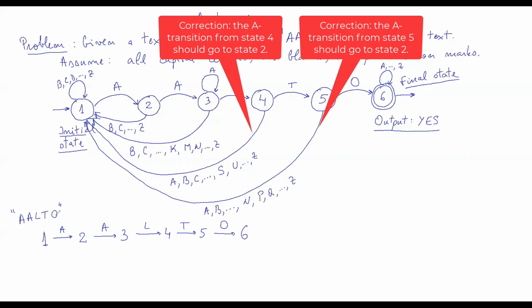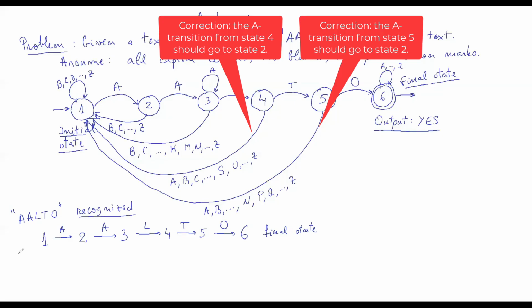That's the end of my computation, and 6 is the final state. So in this case, I'm going to say that the word alto is recognized. And again, this is a concept I'm going to define formally in the next lecture.